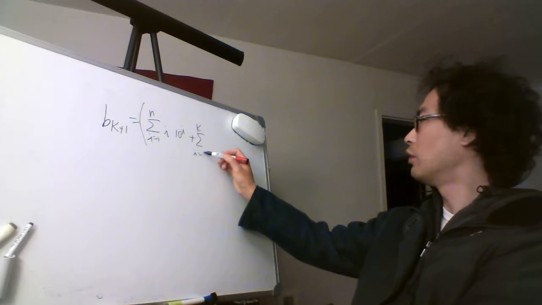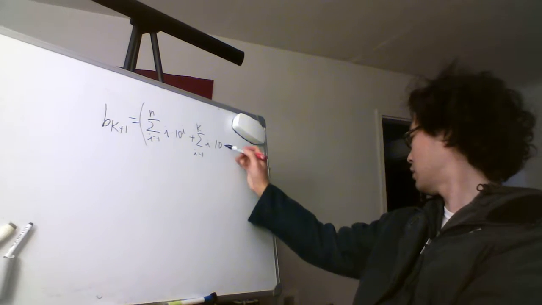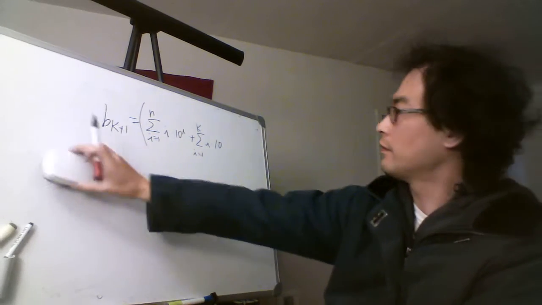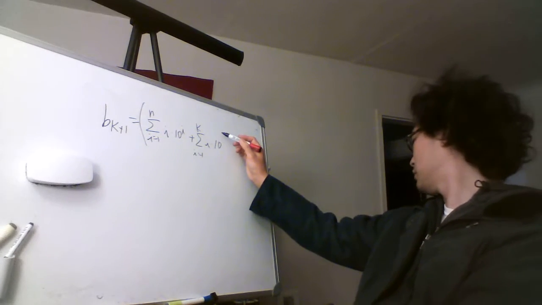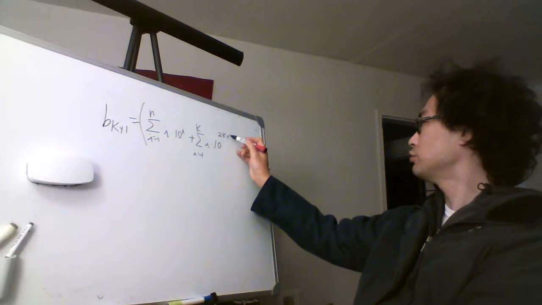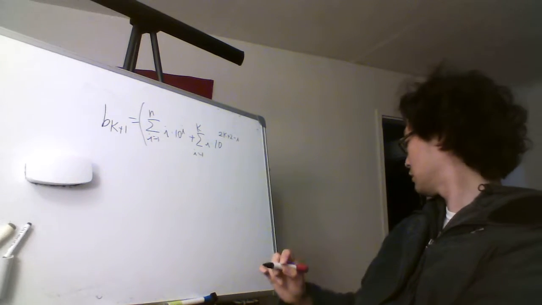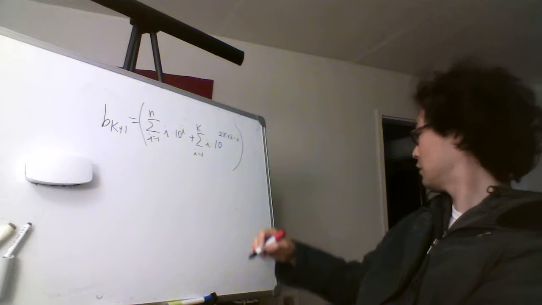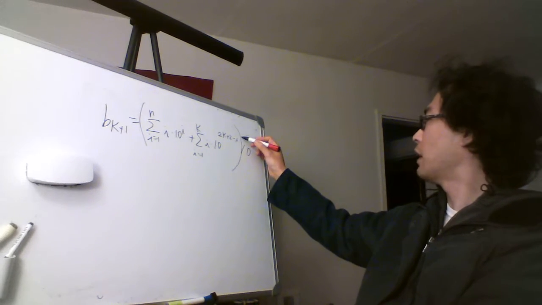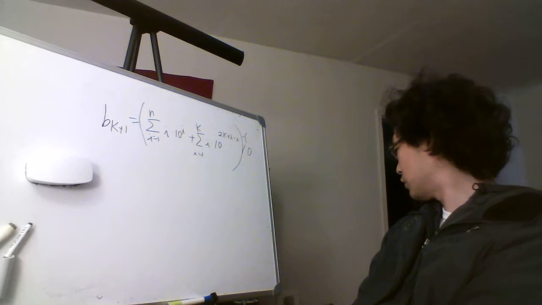Sigma i from 1 to k, i times 10 to the 2k plus 2 minus i, multiplied by 10 to the minus k plus 1 squared.